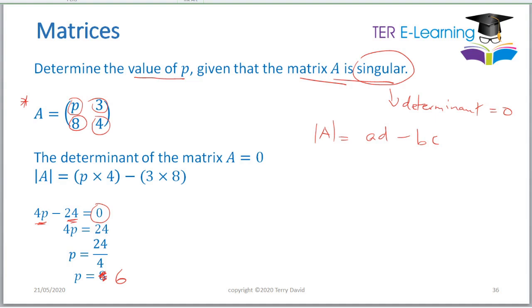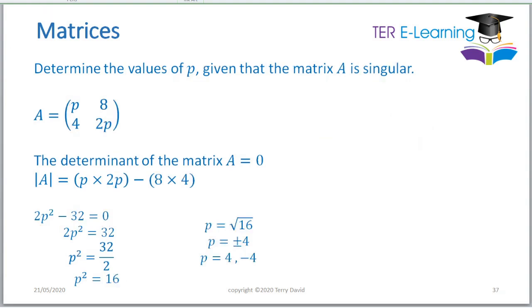What about something like this one? In this particular question, we have to determine the values of P for which a matrix is singular. Now, pay attention to some of these matrices questions. Notice they said values. When they say values of something, it means that you're going to get more than one answer.